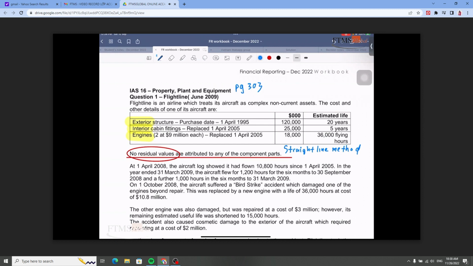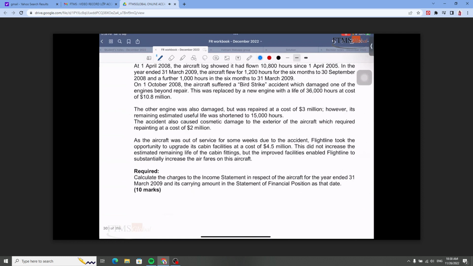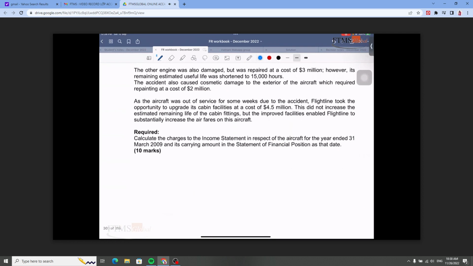Then next, at 1st April 2008. Let me just fast forward. Do you see the financial year end is 31st March 09?